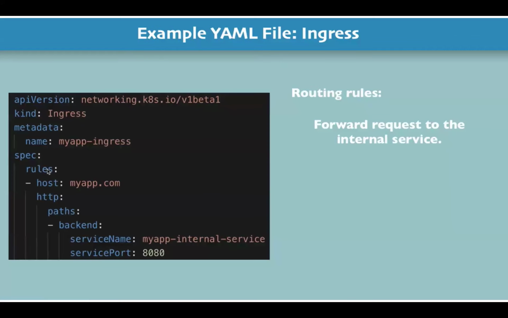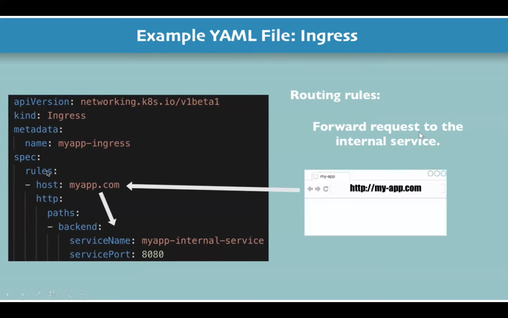Got it? It's not that tricky. We will get this YAML file from the documentation itself. So this routing rule basically forwards requests to the internal service. Your HTTP communication first goes to this host, and the host will redirect to the internal service file.